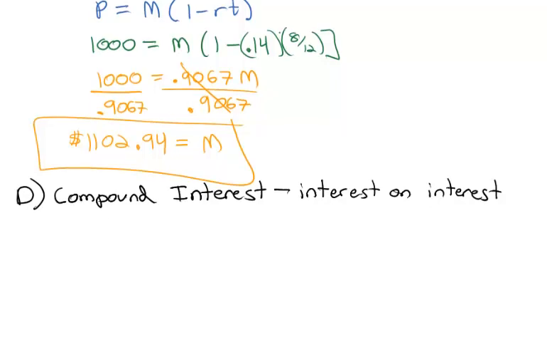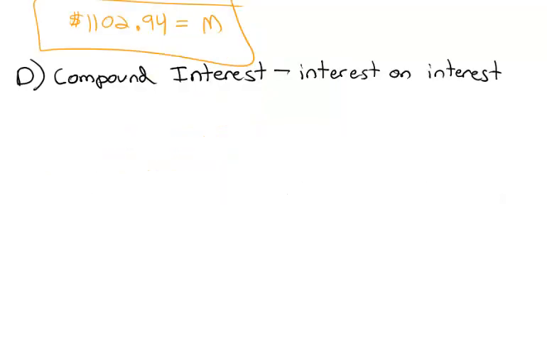Maybe we can clarify what that means a little bit. So here is the idea behind compound interest. You start, let's say, with $1,000 at 10%.